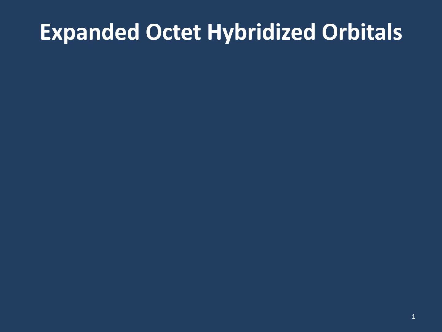This is Chapter 11, Lecture Video 9, and we're going to be talking about expanded octet hybridized orbitals. Now, this is a little tricky because within about the last 2 to 3 years, energetics calculations and theory have shown that these types of hybrid orbitals are very unlikely to actually exist. Our textbook still covers them.